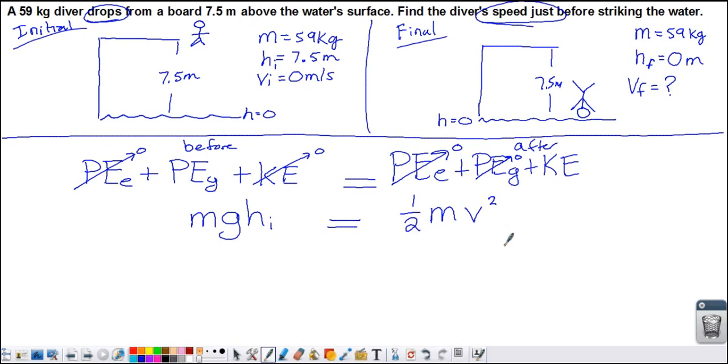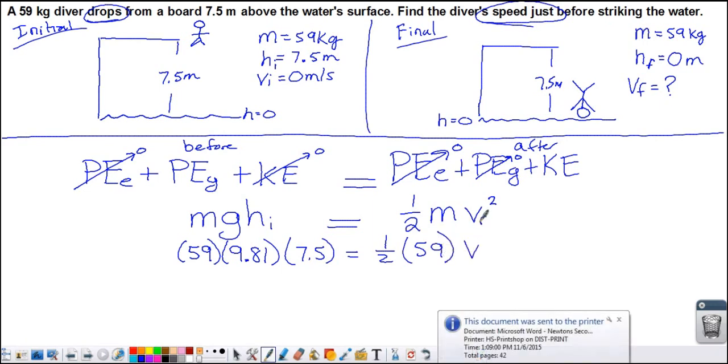And now I'm ready to go ahead and solve. Both of these terms have the mass in it, so I could divide right now by mass, and the mass would cancel out. But I'm going to go ahead and just substitute the mass in for the time being. So here I've got 59 kilograms times the gravitational field constant, 9.81 newtons per kilogram, times the initial height of 7.5 meters is equal to one half the mass, 59 kilograms, times the final velocity squared.